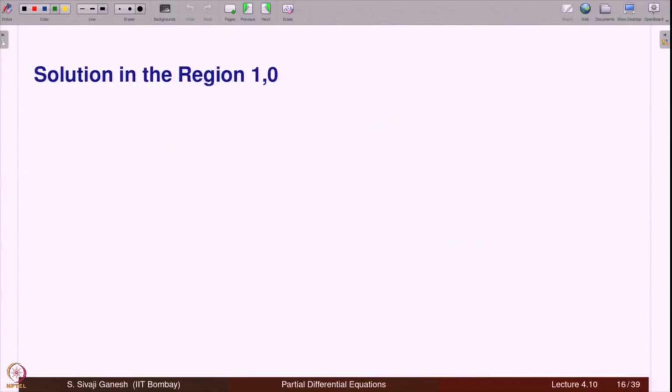Now, let us look at the solution in the region 1 0. Let us briefly draw that picture. Okay. So, this is the region 1 0. We want to solve inside this. So, xt belongs to region 1 0. What does that mean?